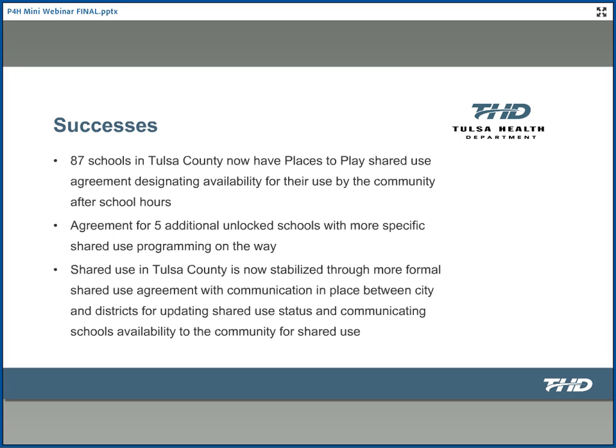And so we can have the districts review our places to play agreement quarterly, or however often we feel we need to make sure it's accurate. But it should help us stabilize shared use for the community and move forward.